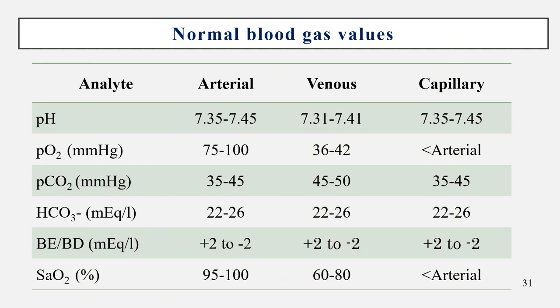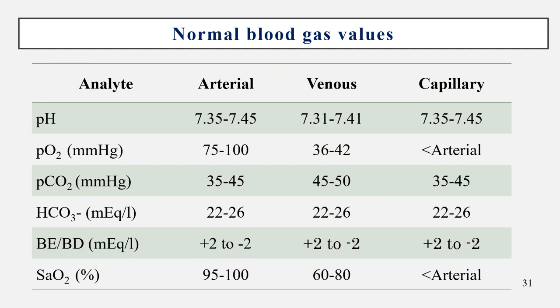Partial carbon dioxide is 35 to 45 in arterial, 45 to 50 in venous, and in capillary blood it is 35 to 45 mmHg. Bicarbonate is 22 to 26 in arterial, 22 to 26 in venous, and capillary also the same, 22 to 26.